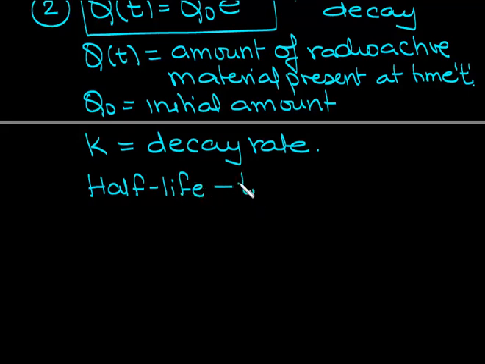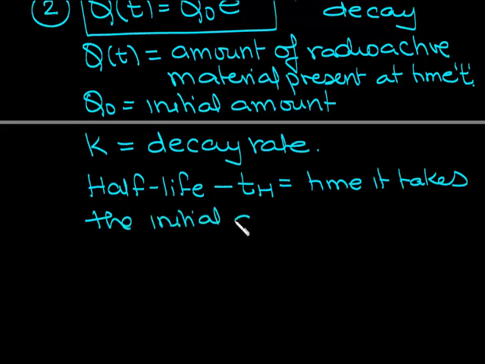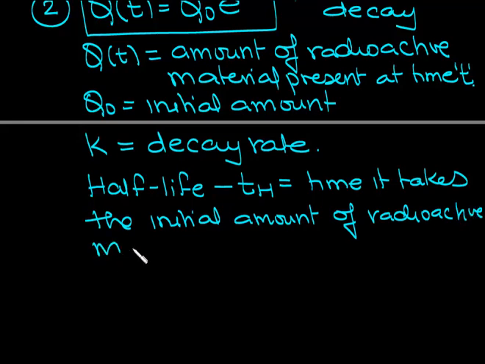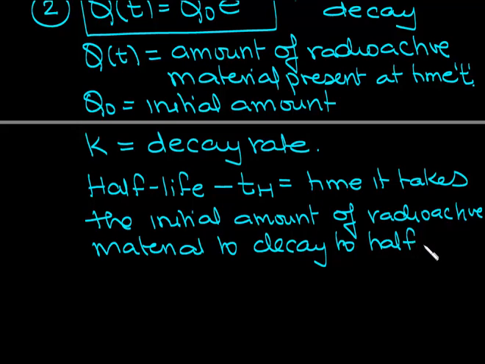Half-life will be denoted by T sub h, which is the time it takes the initial amount of radioactive material to decay to half the amount. So half-life is how long it takes for half the radioactive material to decay.